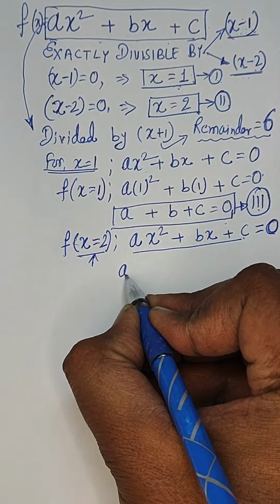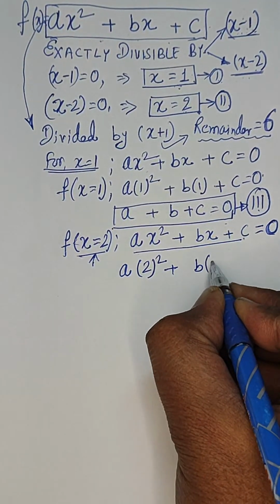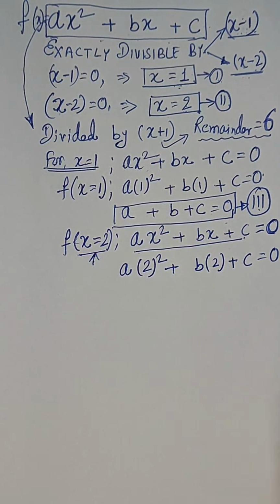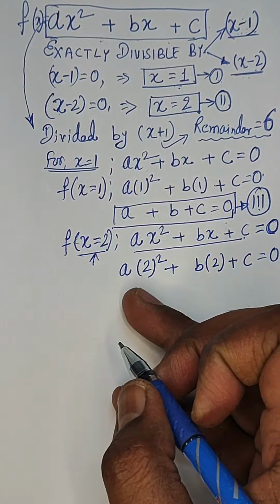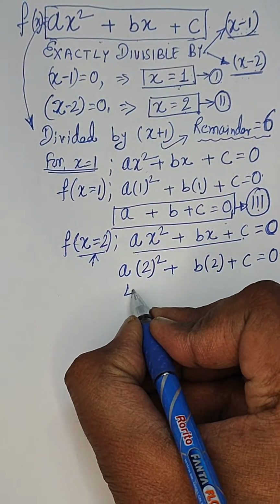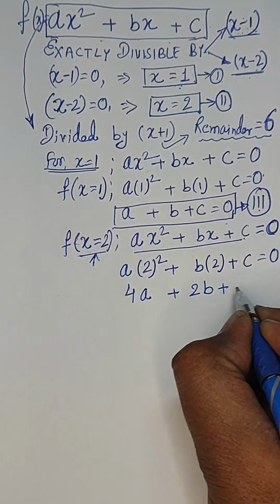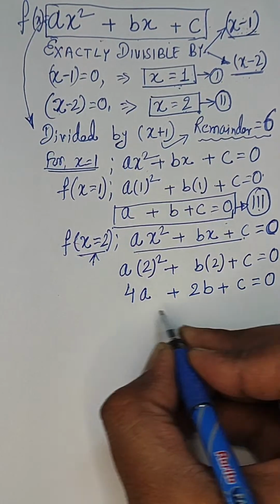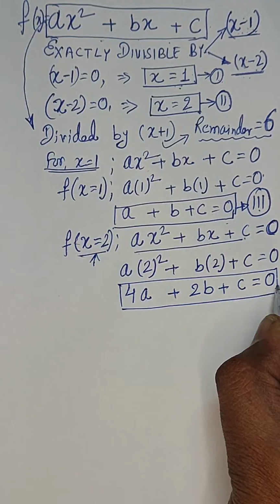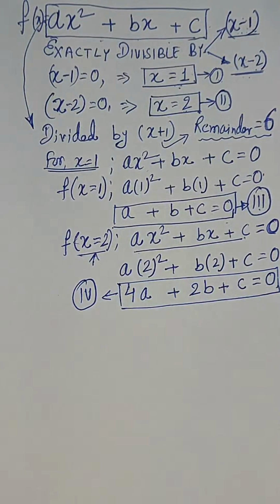This will give you a into 2 square plus b into 2 plus c is equal to 0, isn't it? 2 square is 4, so 4a plus 2b plus c is equal to 0. Let us say this is your equation number 4, my dear friends.